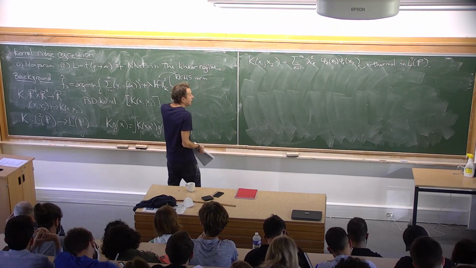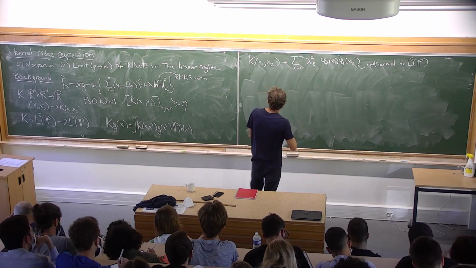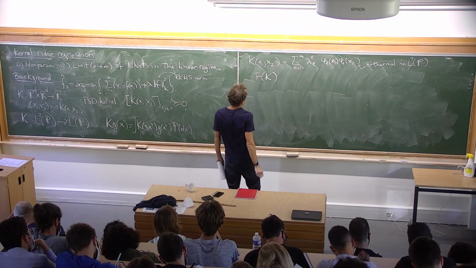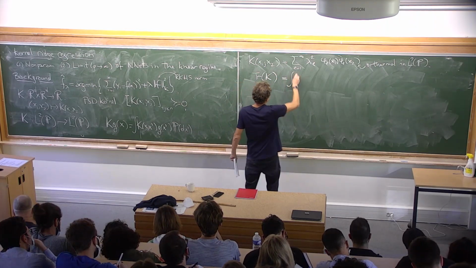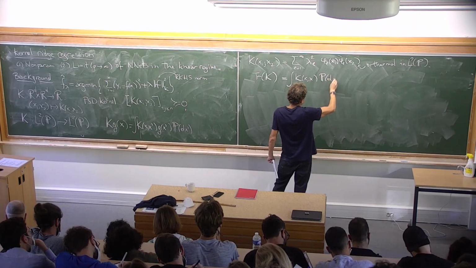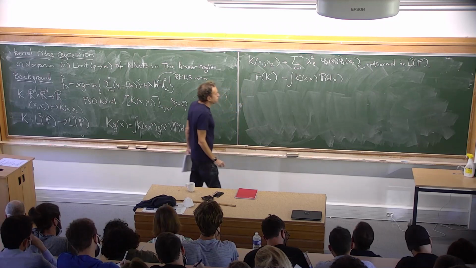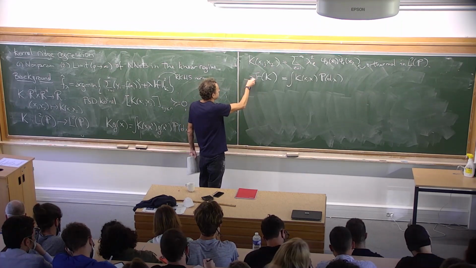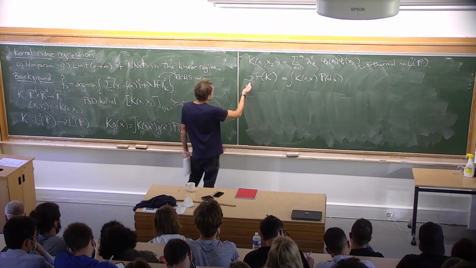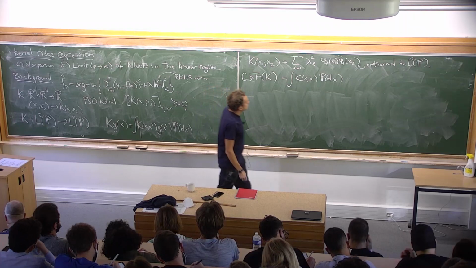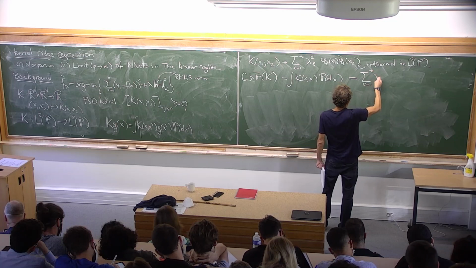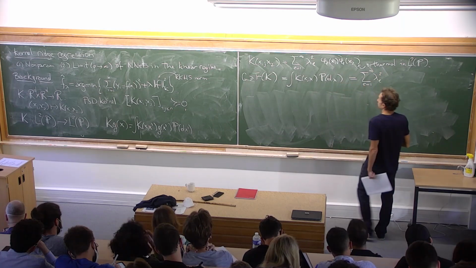So what is the behavior of these eigenvalues? One simple remark is that if I look at the trace of K, this is the integral of K(x, x) P(dx). For most kernels that you write down, K is a continuous function, so this is less than some constant. This means that the sum of the eigenvalues is finite.